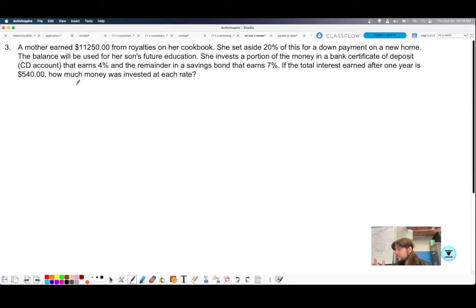So how much does she have left to invest? 80%. How would you put that in the calculator? 80% of that number. Of means multiply, yes. 0.8 times that number.